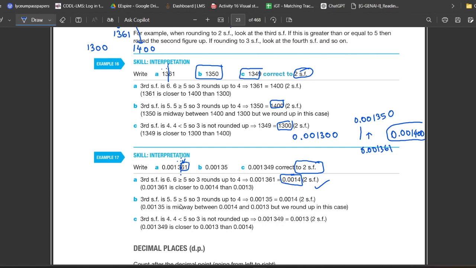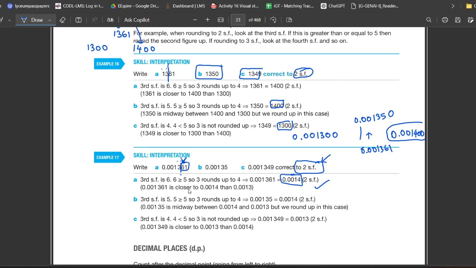Now we can do this without writing a number line like this. If we want to get the number correct to two significant figures, we check whether the third significant figure is greater than 5 or lesser than 5.